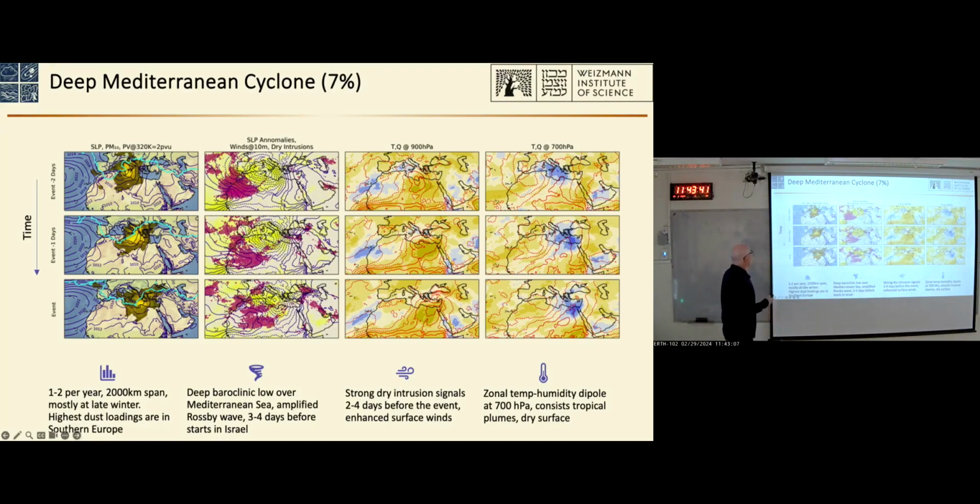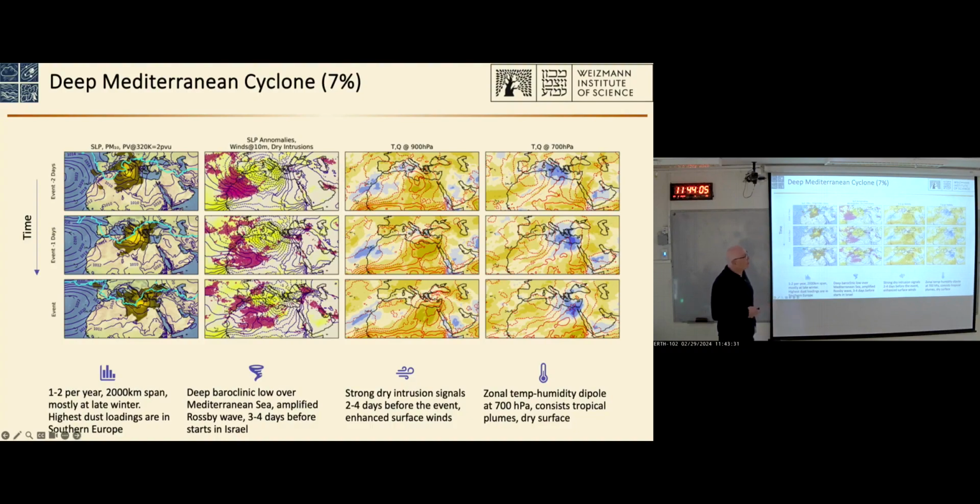We found that this one, for instance, occurs once or twice a year. It has very long features. It's mostly in the late winter, and it leads to very high dust loading also in southern Europe. And we can identify the wind patterns, the temperature patterns, etc.